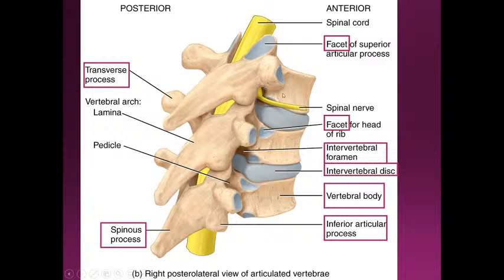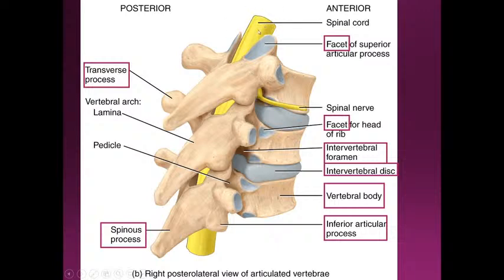All right, and so if we look here, we see demifacets, so these have to be thoracic vertebrae. Let's say this is T7, okay? The superior articulating facets of T7 will articulate with, or form a joint with, the inferior articulating facets of T6.